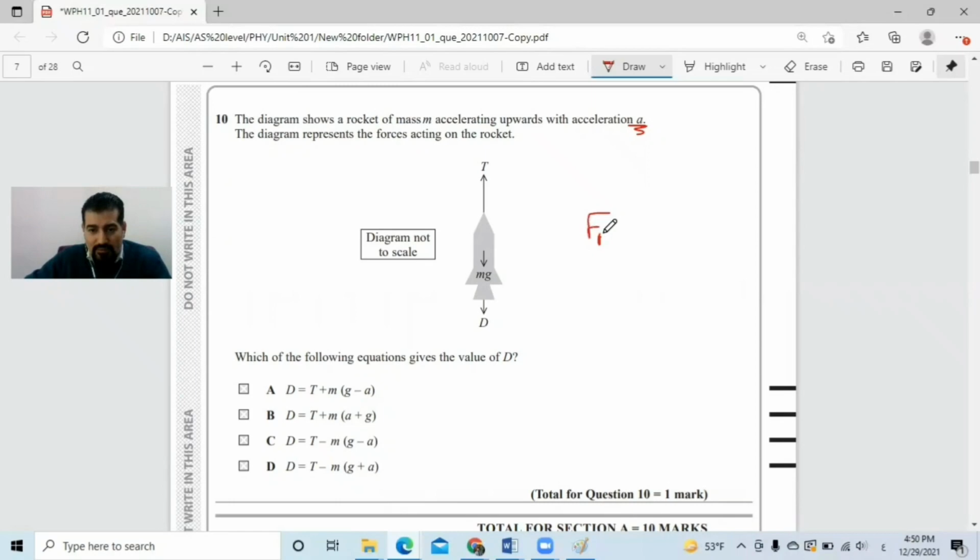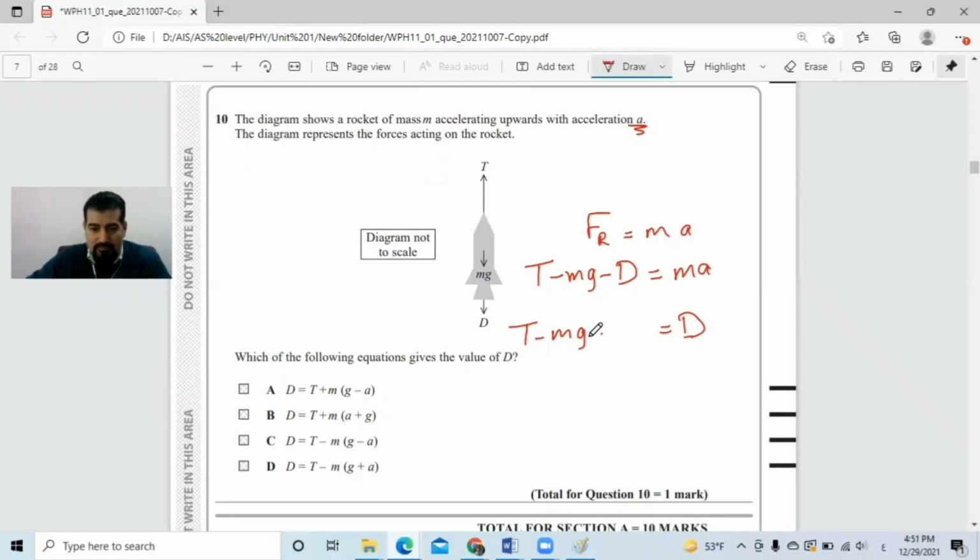Now we know that resultant force equals mass times acceleration. The resultant force, which is tension in the same direction of acceleration, minus mg, minus also D, because both mg and D are in the opposite direction of motion, equals ma. So that means D, if I move it to this direction, equals tension minus mg minus ma. I'm sorry, this is a.